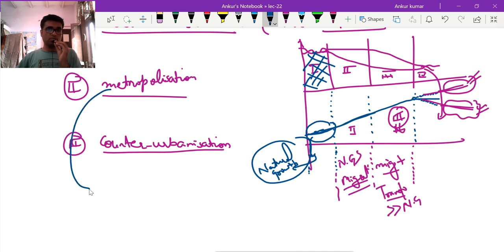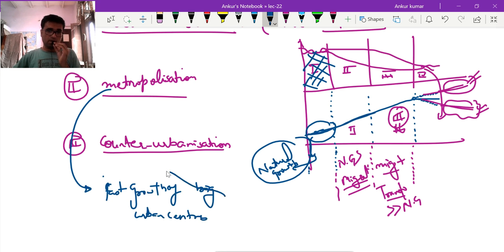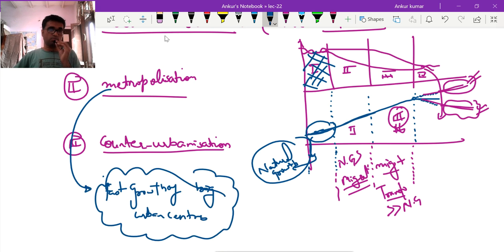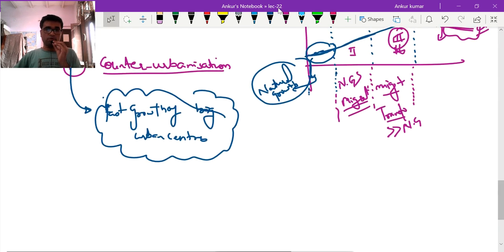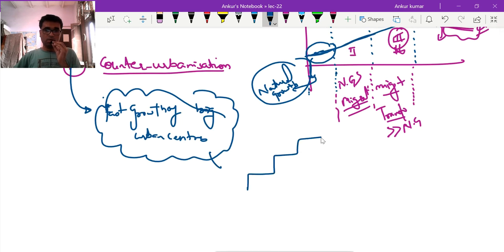Now metropolization is a feature of the developing countries. In metropolization, what is happening? The fast growth of the big urban centers, like metropolitan cities and million plus cities, which are rapidly growing. The reason for this growth is the intervening opportunity.